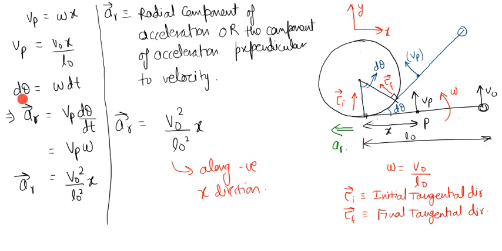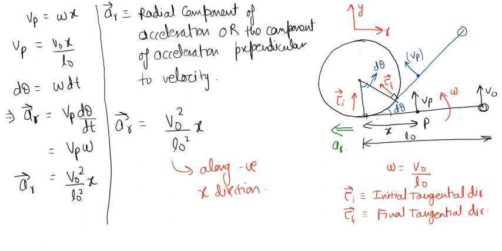Now d theta is the angle by which the particle has changed its direction, because this was the initial tangential direction and this is the final tangential direction, and d theta is the angle between the two. So d theta is also the angle by which the direction of motion of the particle has changed.